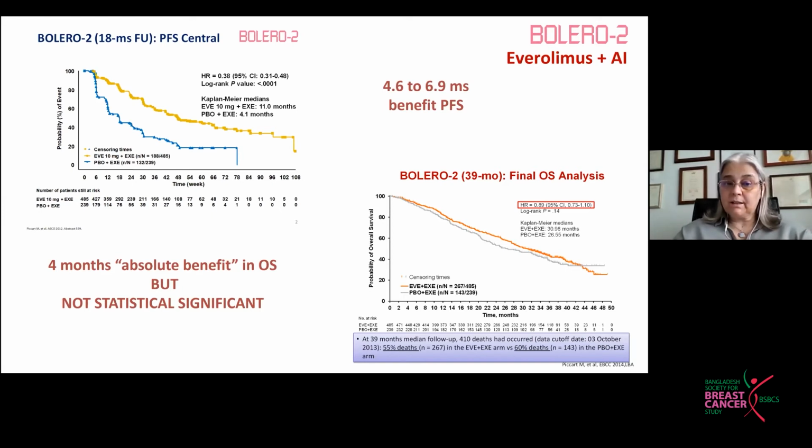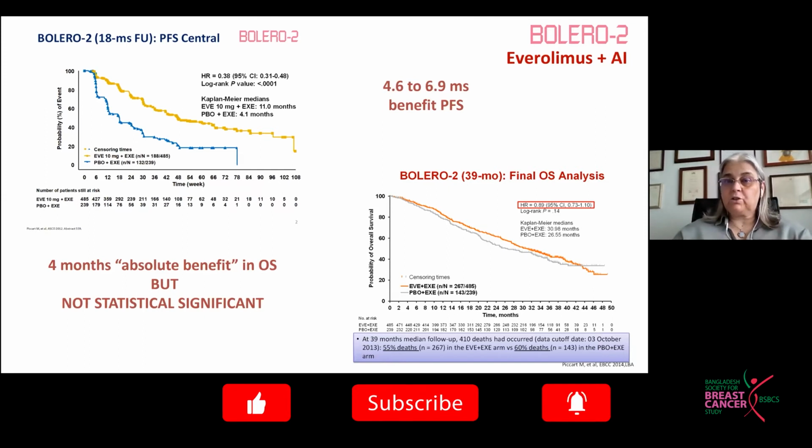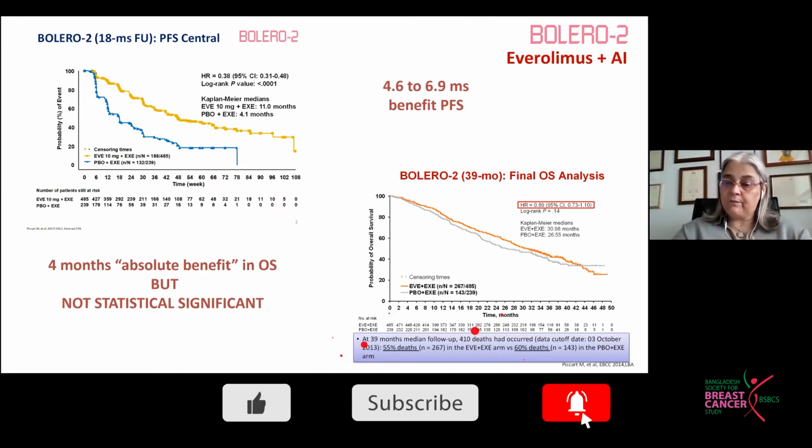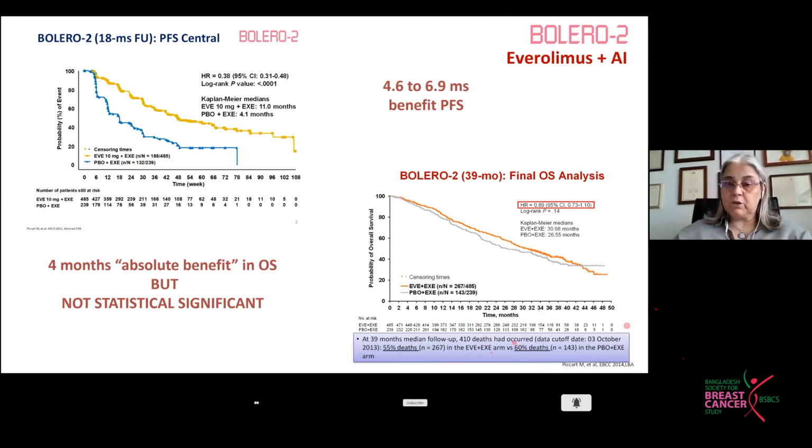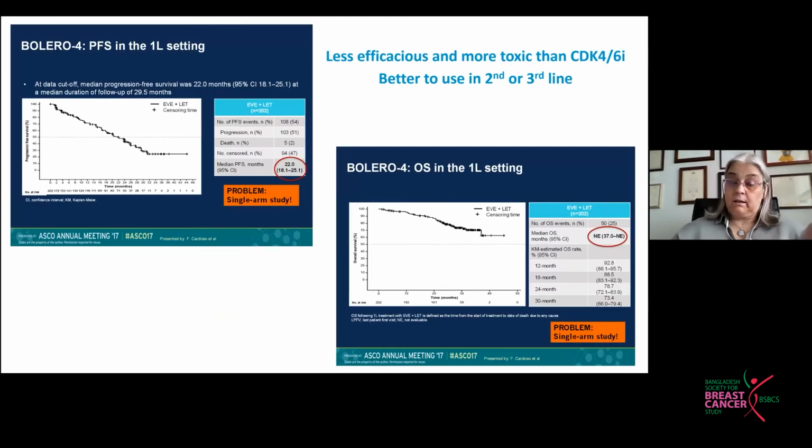It was also studied in the first line setting, but in a non-randomized trial. So the data we have points out that we should first, if we have access, use the CDK4/6 inhibitors. Also, everolimus is costly, a little bit less, but still costly. And we also have data in premenopausal women.